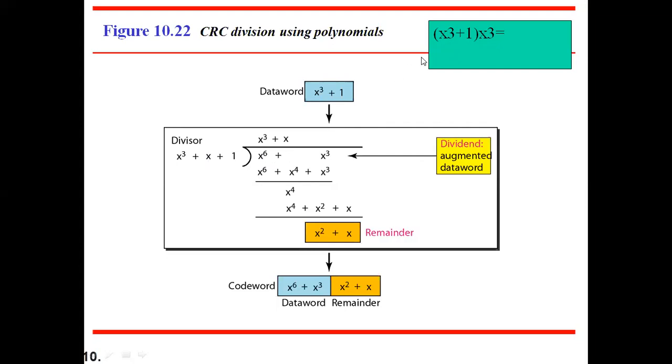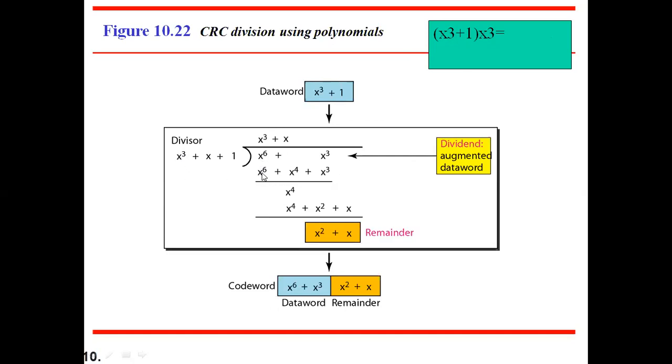You get this generator polynomial by multiplying your data word with the highest index of this particular divisor, that is x cube: x to the power 3 plus 1 into x cube, which becomes x raised to 6 plus x cube. So you take that as the generator polynomial. There we added zeros, but here we have to multiply. That is one difference.